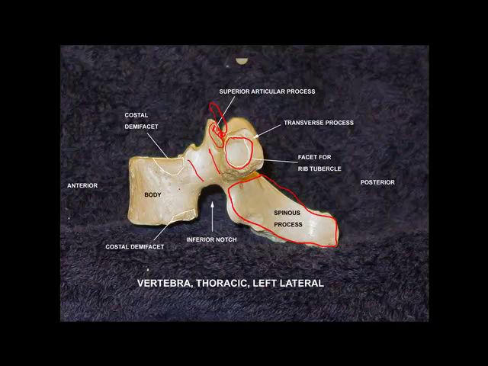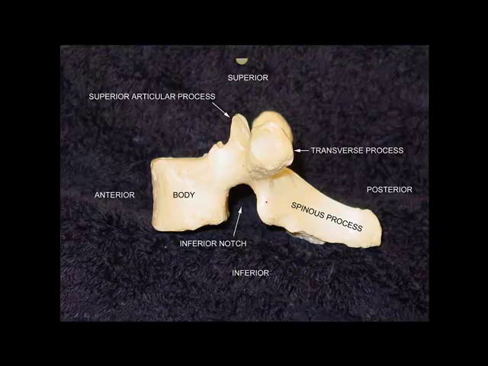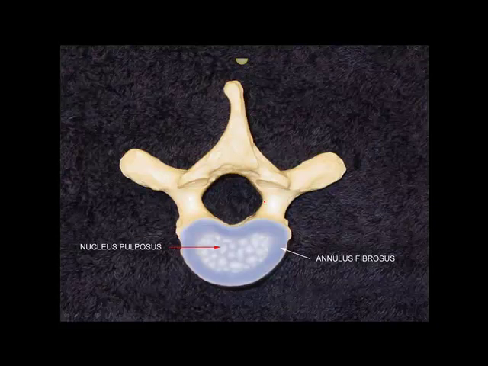Pedicle, body. Here's the demifacet for the rib. Here's the other demifacet for the rib. Better when you see it in your hands. So here's the lamina, here's the pedicle, vertebral foramen, body, spinous process, transverse process. Again, you know all of this.